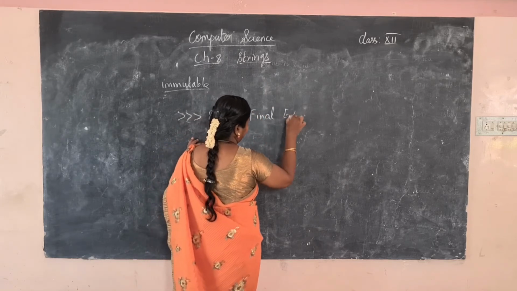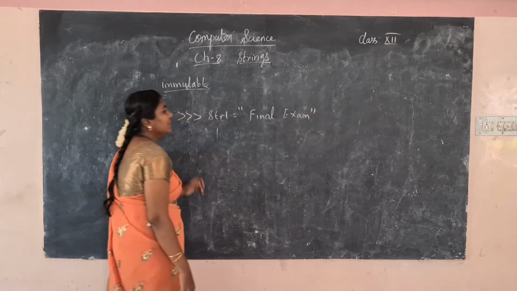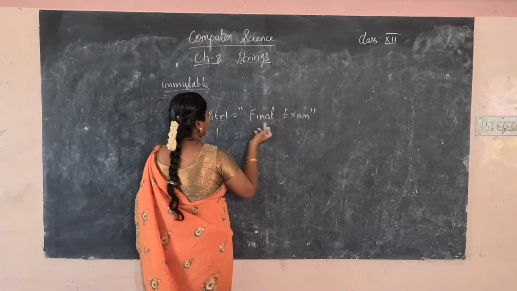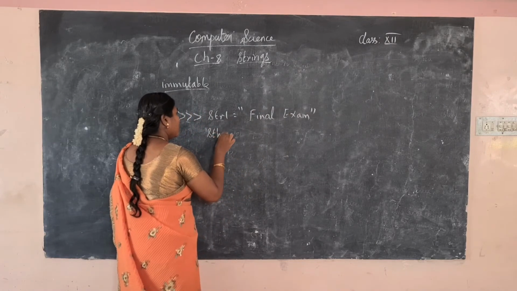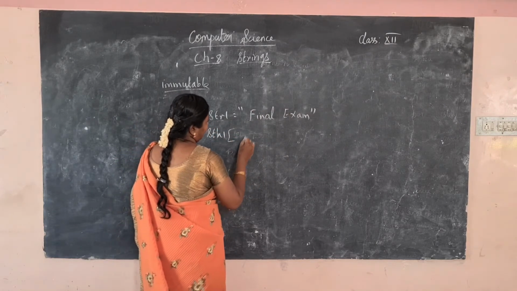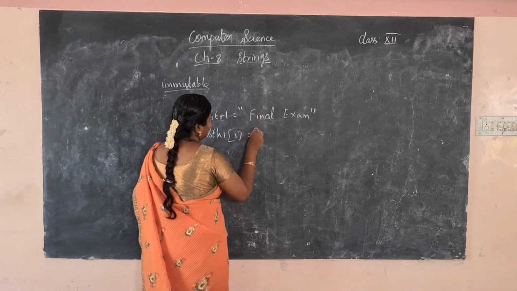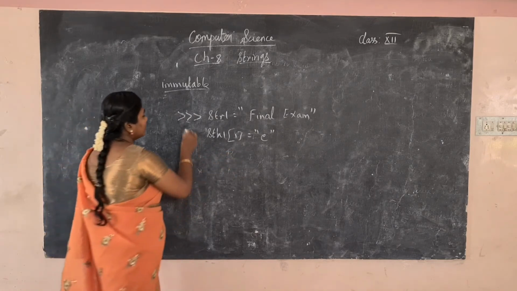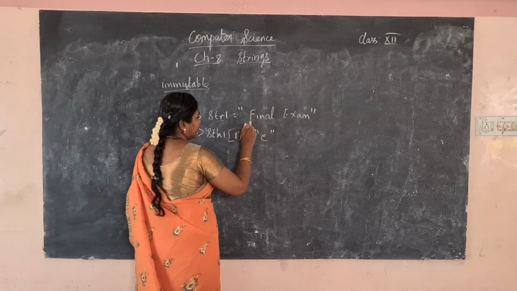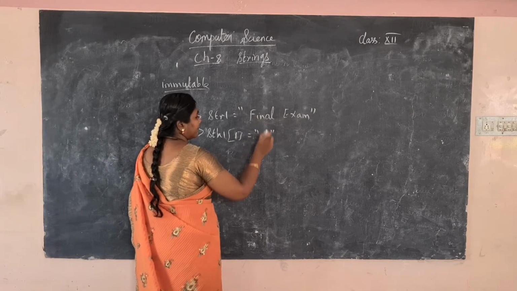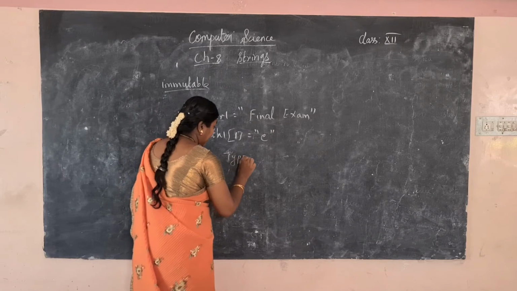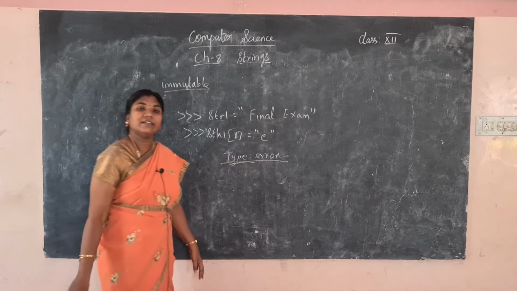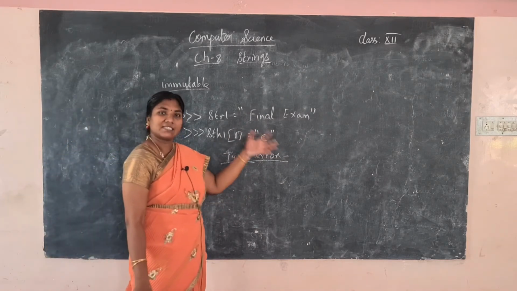Suppose I want to change this F to S. I give string 1 of 0, 1, 1 is equal to E. I am changing the index: 0 is F, 1 is I. Instead, if I give E, I will get a type error, because I cannot change a particular character or modify the string like this.